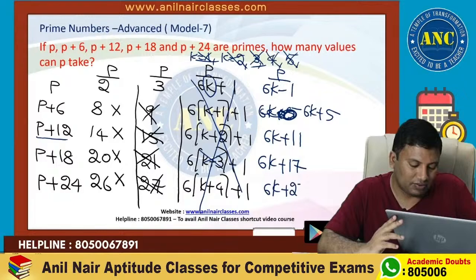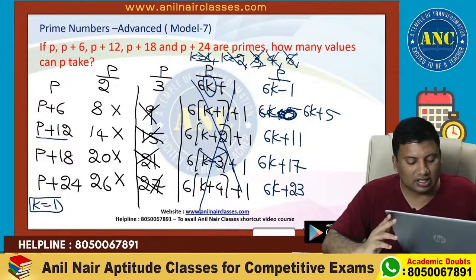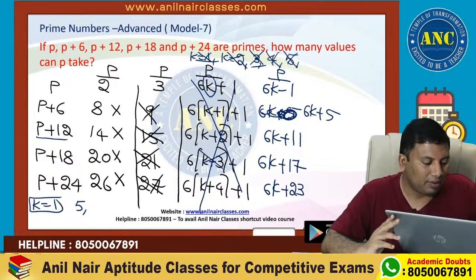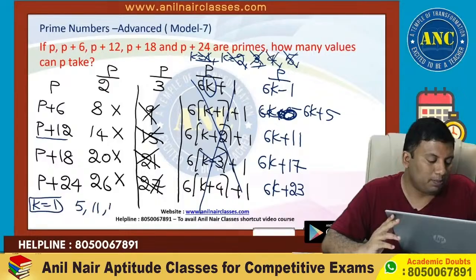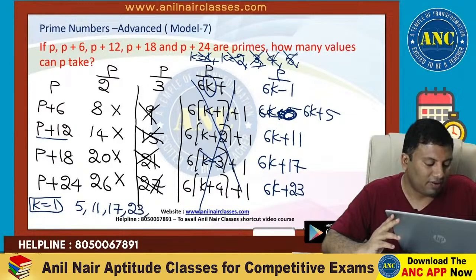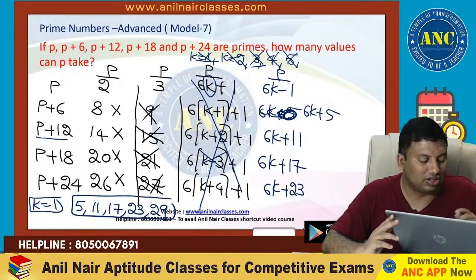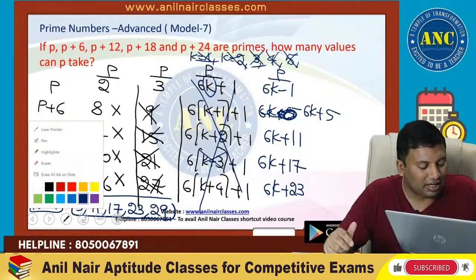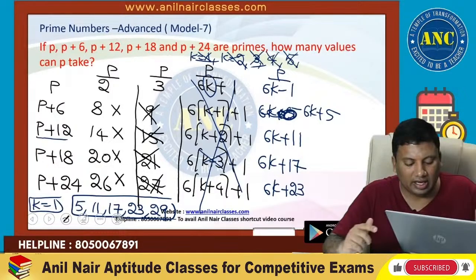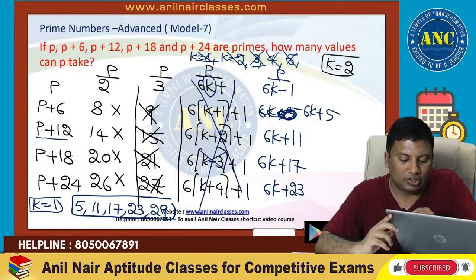If I put k equivalent to 1, 6 into 1 minus 1, 5. 5 plus 6, 11. 5 plus 12, 17. 5 plus 18, 23. 5 plus 24, 29. 5, 11, 17, 23, 29. All are satisfying.